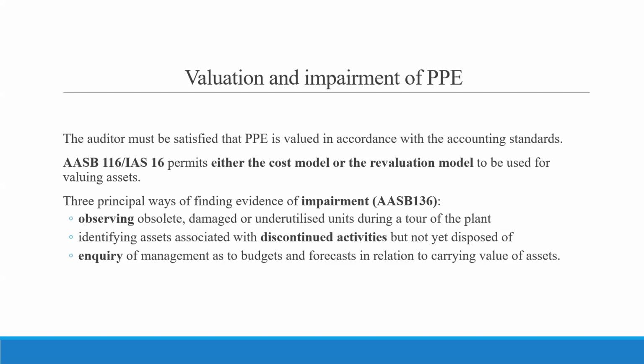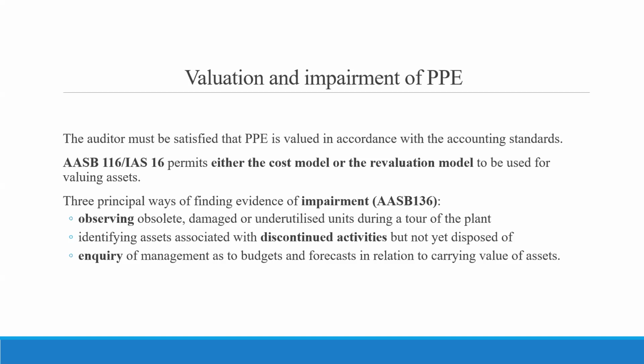The other thing about valuation is the impairment model. Under AASB 136, there are a few principal ways of finding evidence of impairment. One is observation of the item itself to identify value changes, the devalued items.